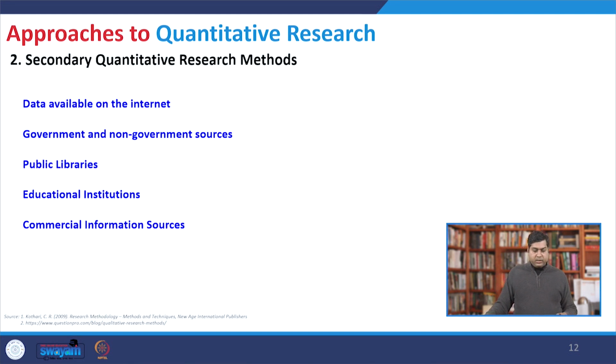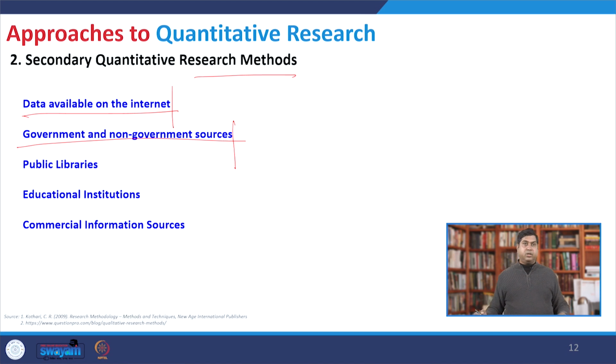Now coming to secondary quantitative research methods, where you can rely on data available on the internet, or available with government and non-government sources, so we don't go for primary data collection, and you analyze the secondary data. But there are some issues with those.